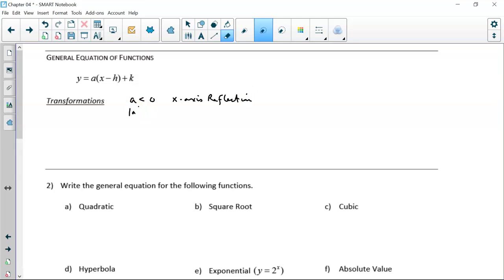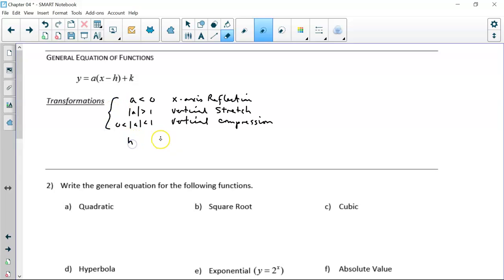When the absolute value of a is greater than 1, whether it's a positive 2 or a negative 2, positive 3, negative 3, there's a vertical stretch. When the absolute value of a is between 0 and 1, there's a vertical compression, whether it's a positive 1/2, a negative 1/2, a positive 1/3, a negative 1/3. So that's all for the power of a.